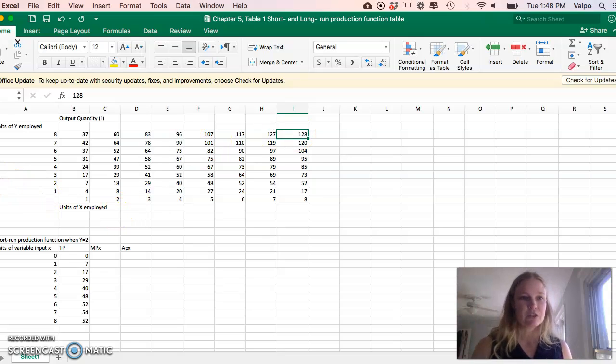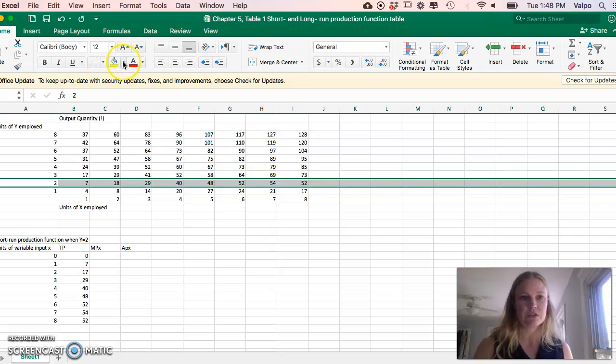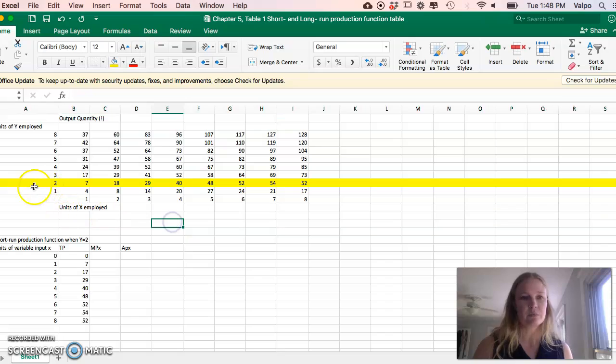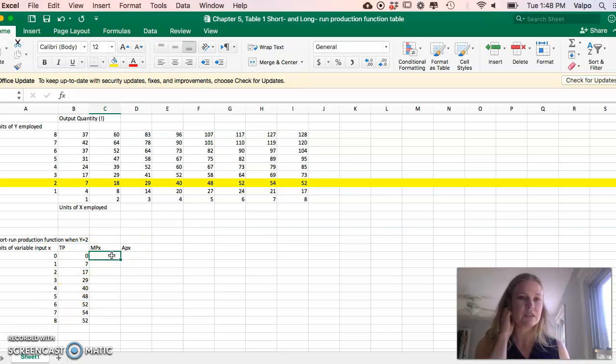But if we're concerned with the short run, what we do is we hold something constant. So I'm going to hold the amount of Y constant. The amount of Y is fixed at 2. So then what I can do is pull this information about X into its own separate table. And that's really what we're going to start with in chapter 5.